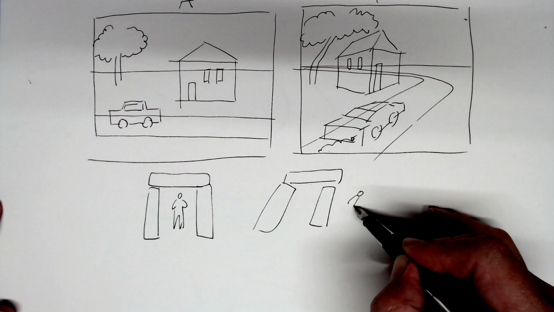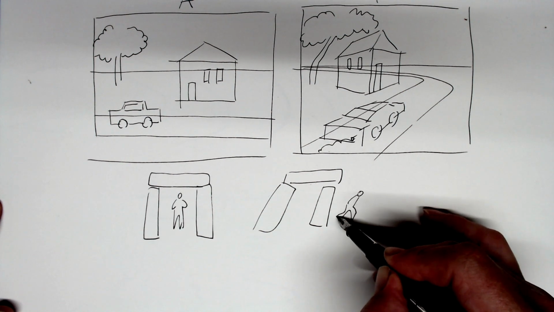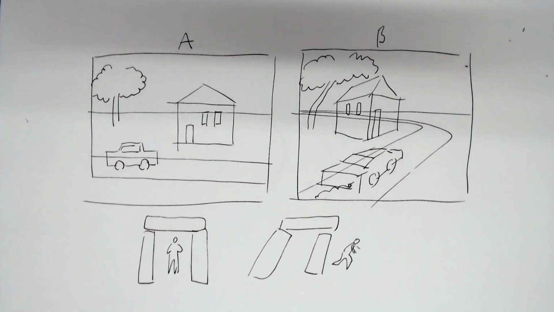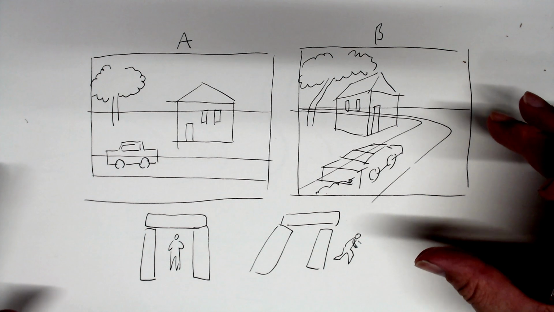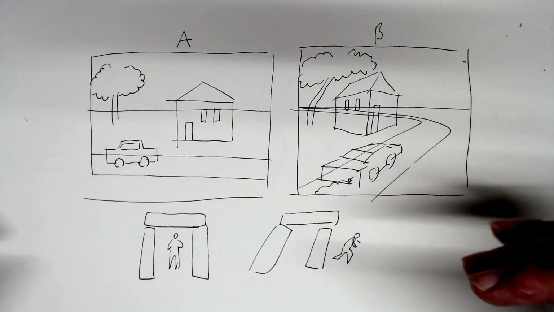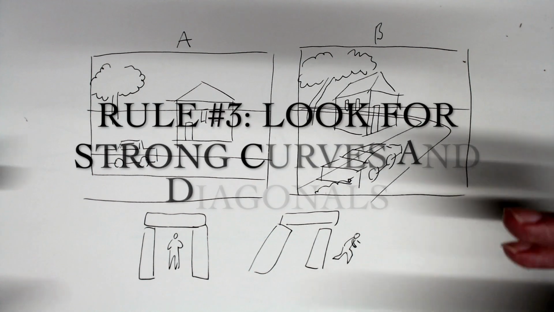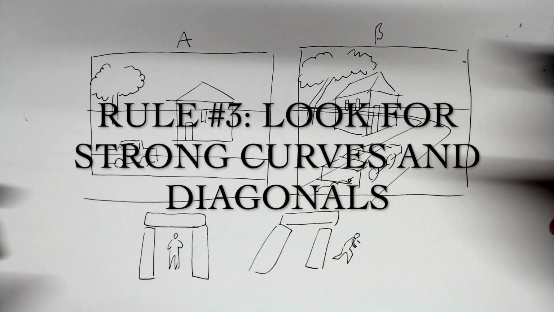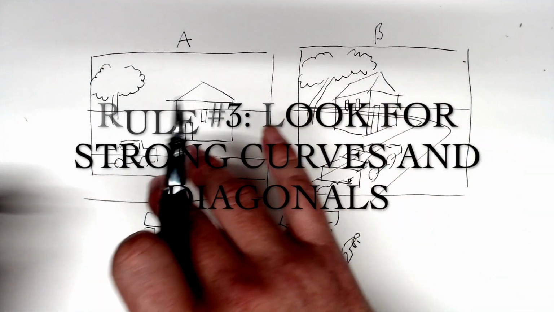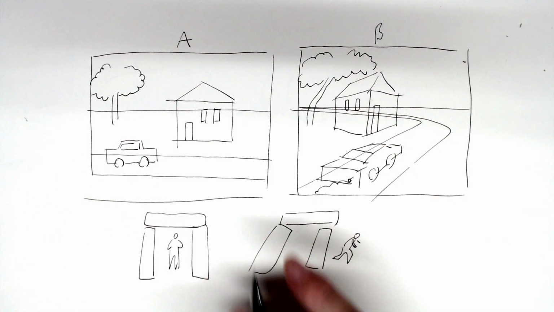I'll probably use my diagonals and run away, right? So diagonals create an impression of movement, and the more diagonals you include in the composition, the more the eye moves through the space, and generally speaking, since one of the main things a composition needs to do is move the eye, that composition is going to be more effective than one that's composed of, again, long horizontals and verticals.